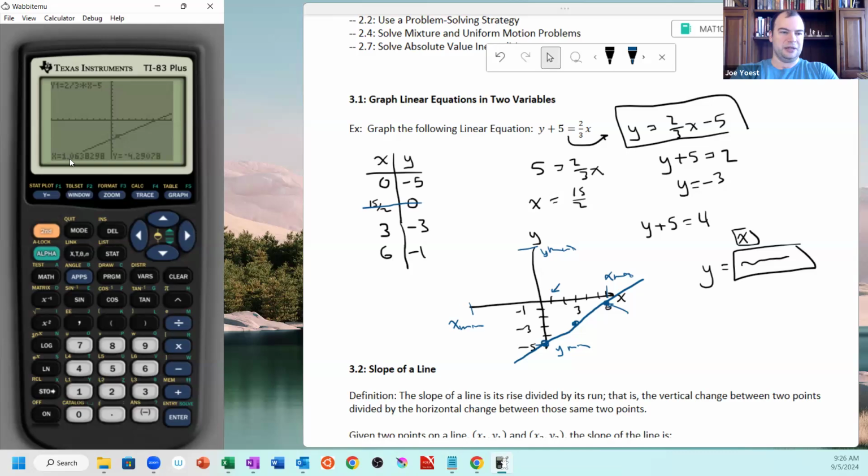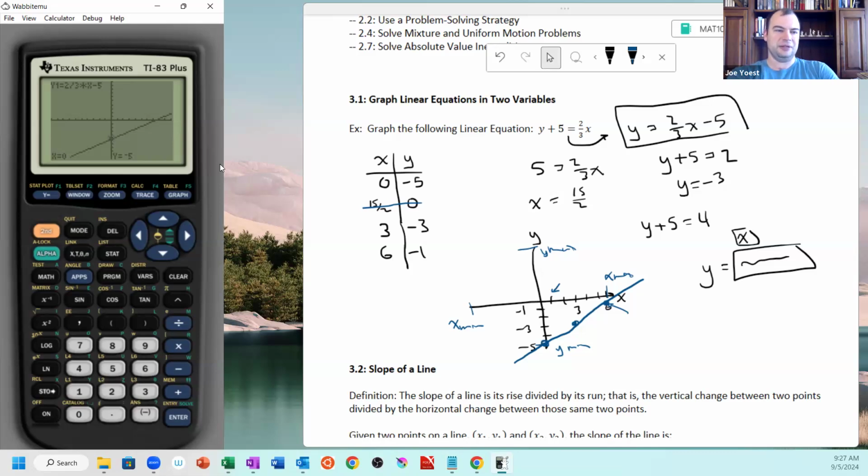I see that like x equals 1.0638 and so on corresponds to y equals negative 4.29 and so on. Not super nice points. X equals 0 gives me y equals negative 5. That's a pretty nice point, but that's kind of because 0 is right in the middle of negative 10 and 10.